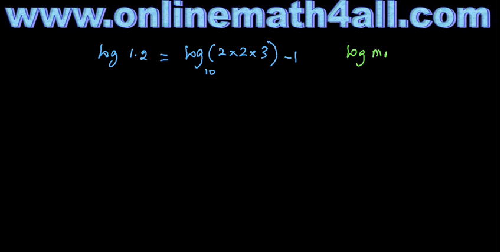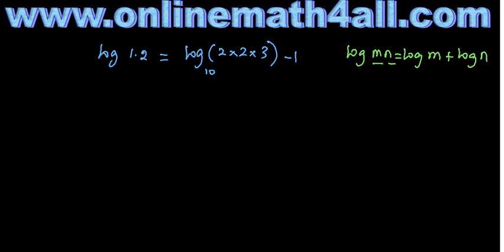So log 1.2 is equal to log of 2 times 3 to the base 10, minus 1. Again, I'm going to use a fundamental law of logarithm, that is log of m times n is equal to log m plus log n. Here 2 terms are multiplied.